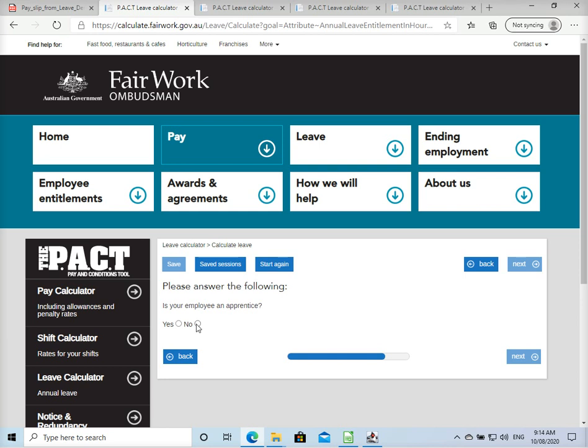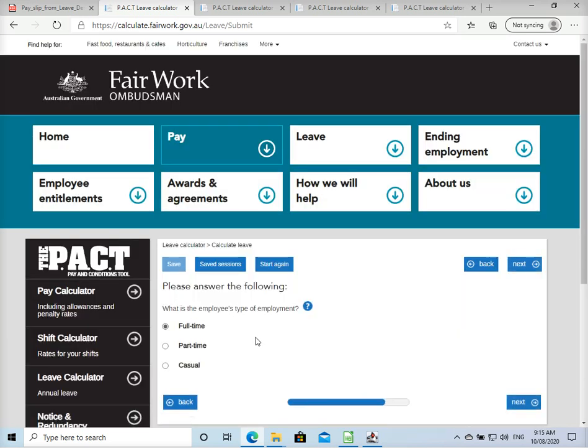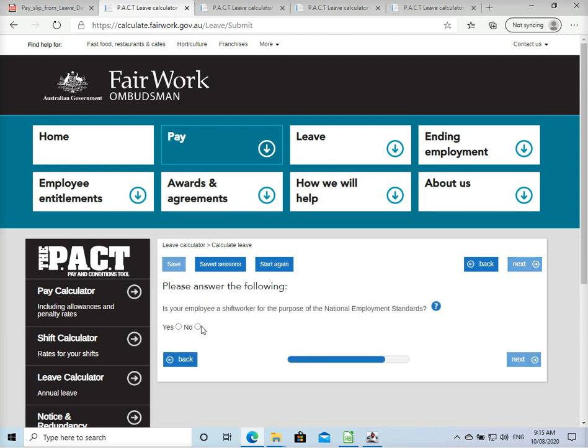Is your employee an apprentice? I'm just going to put no, and again, this is where the calculator might help you by guiding you in the right direction. Trainee, no. I'm going full time. And is your employee a shift worker? Okay, no. So there are other considerations here that you're picking up by using the calculator.